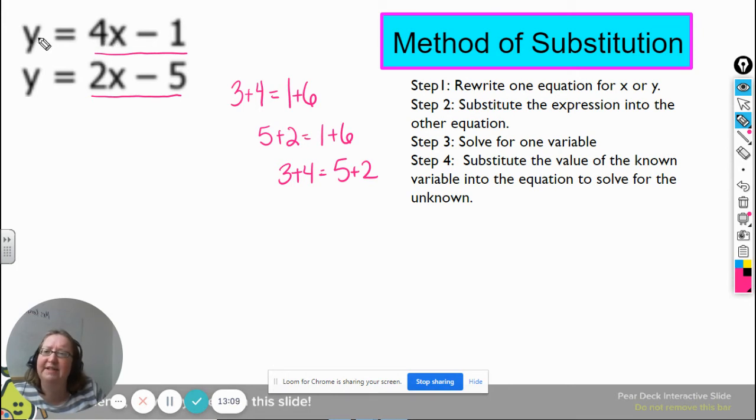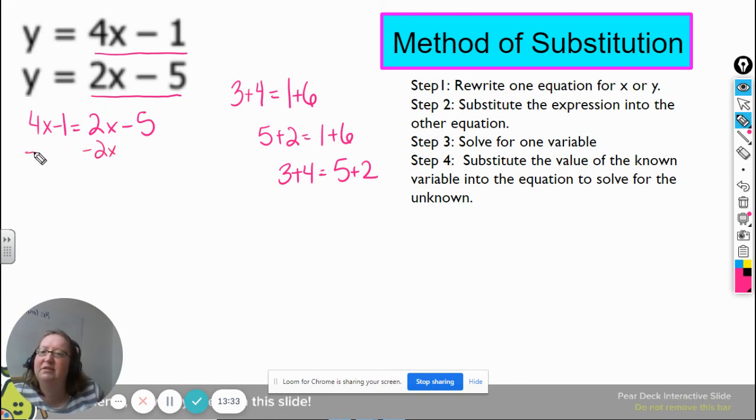Okay, so we are going to set these equal to each other, as I tried to show you here, because if they're each equal to y, then they are equal to each other. So 4x minus 1 is equal to 2x minus 5. Now, Miss Wimbush says, well, they're both in y equals, just go graph them. Yeah, I know, but we could still show you how to do substitution when they're both y equals.